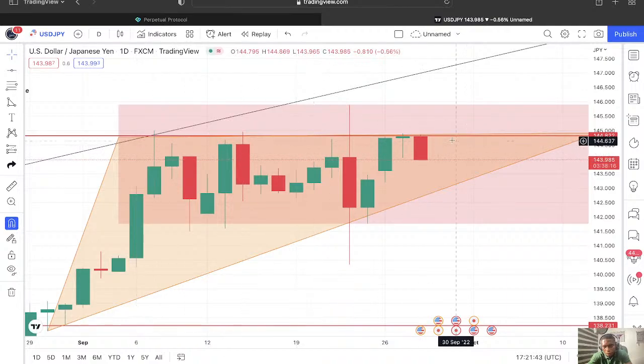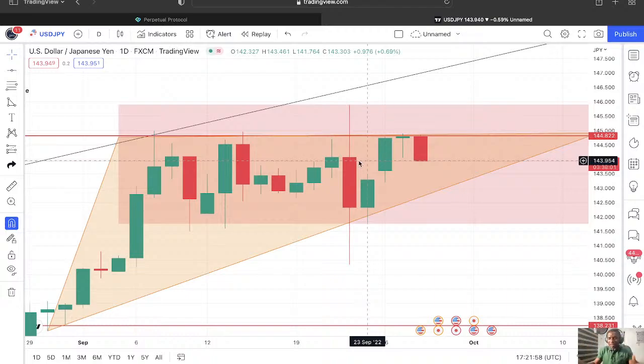You can look at this now. You see price keeps touching this particular level. That becomes what this level becomes weaker and weaker, with lesser resistance to price.